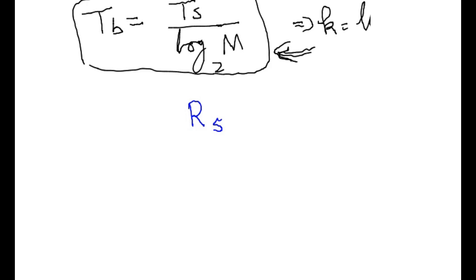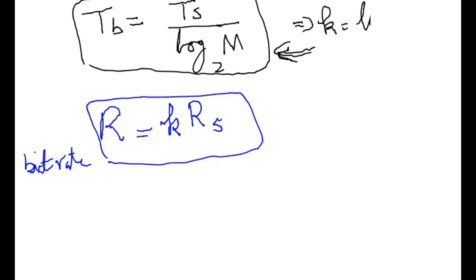If each symbol carries k bits, your bit rate would be k times Rs. We can represent it simply by R, and this is our bit rate: k times R sub s.